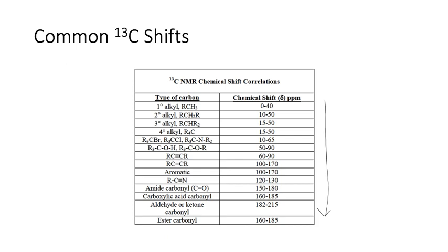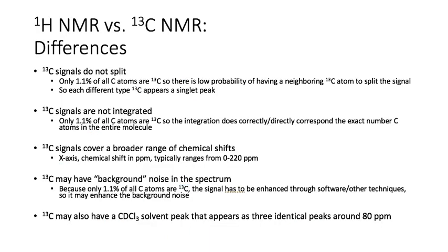That leads us into some of the differences between proton NMR and carbon-13 NMR. One of them, like I said, is that you have broader signals over a wider range. For proton NMR, it was usually 0 to 12 ppm.